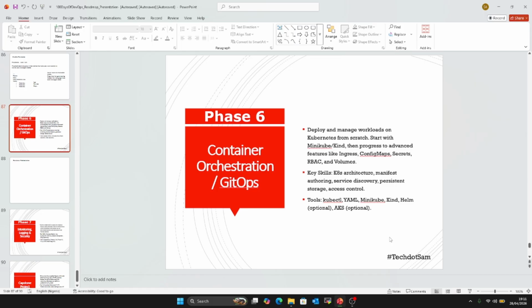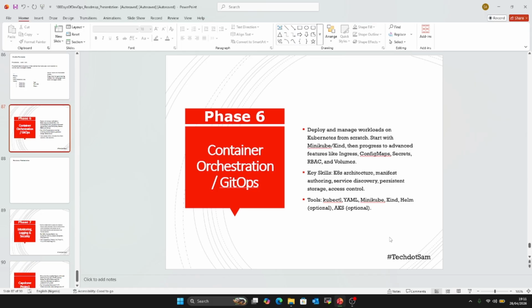And what we are going to cover in this phase over the next couple of days is container orchestration and GitOps. Remember, in our CI/CD phase, we looked at only the CI part, and I mentioned there that we are going to cover the CD phase when we are done with container orchestration.